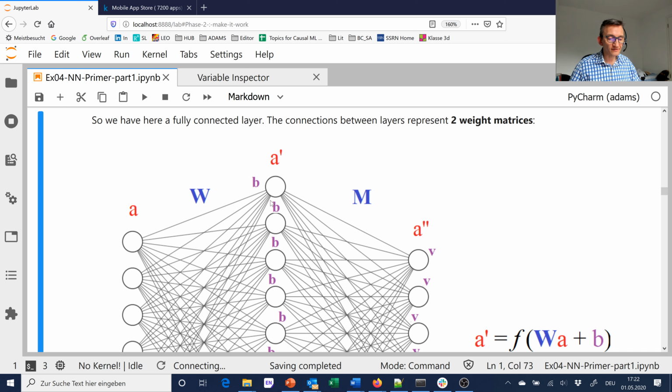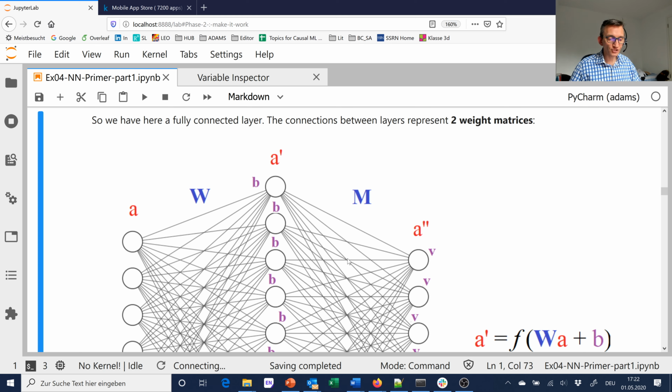B for biases in the hidden layer, V for biases in the output layer, and then capital W and M as our weight matrices, connecting the input layer to the hidden layer and the hidden layer to the output layer.